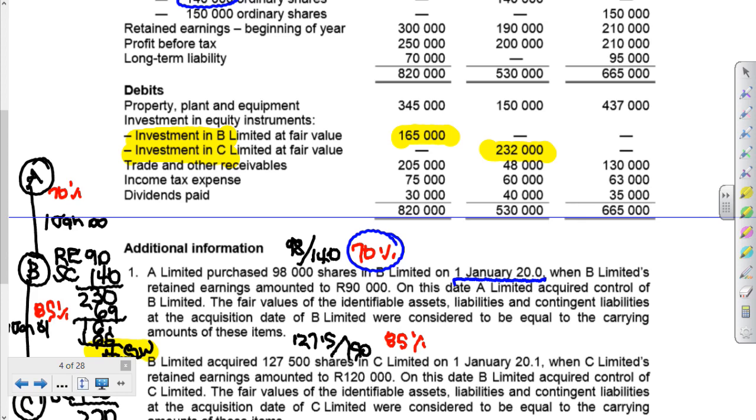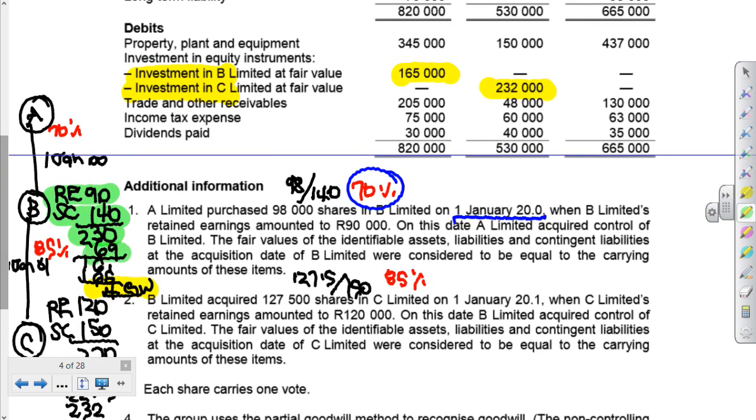So at 1 January, I can do a simple acquisition calc. And here it is. At 1 Jan 2000, retained earnings 90, share capital 140, 230. NCI 20%, leaving me with 161. I paid 165. I have goodwill of 4. Look here, I paid 165.